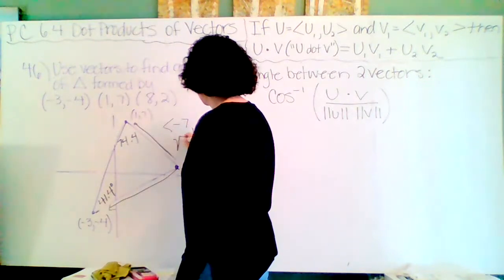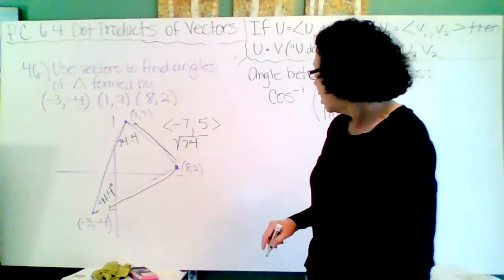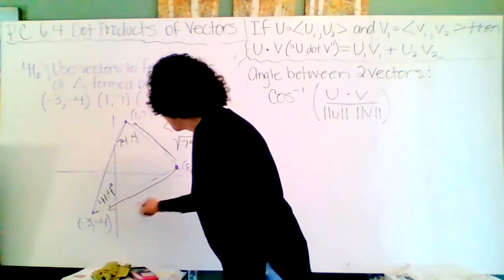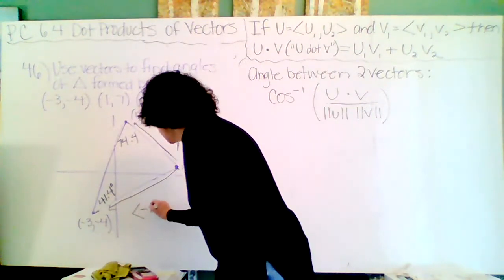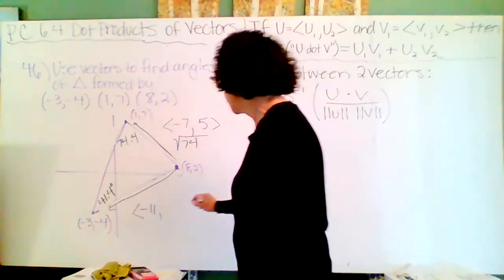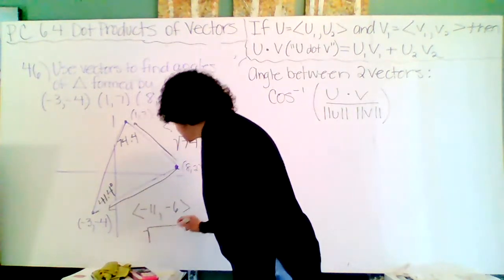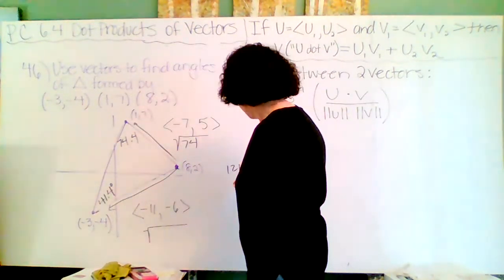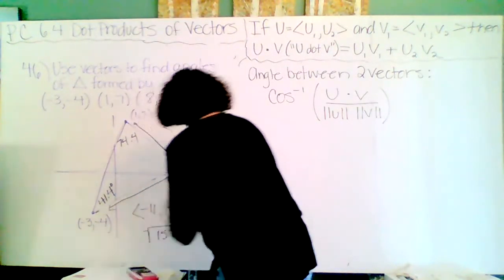Notice this is still going to be the same magnitude, the square root of 74. Let's find this vector. That would be negative 3 minus 8 is negative 11. Negative 4 minus 2 is a negative 6. I believe we already found this magnitude to be the square root of 157.